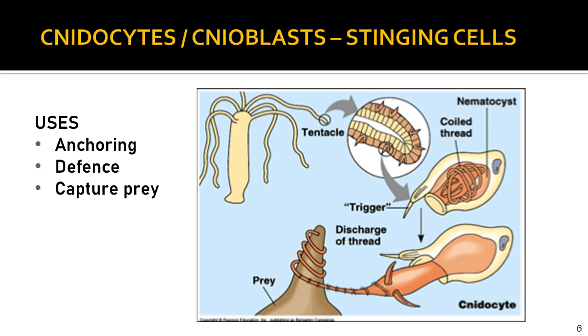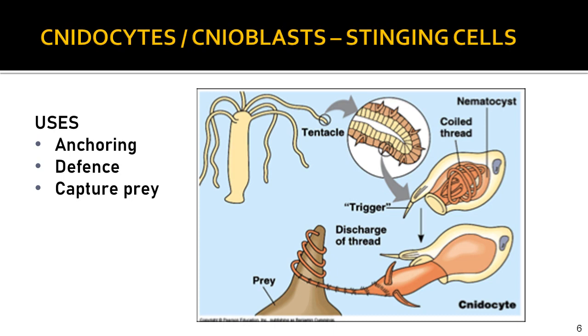And the third one is used to capture the prey. So when it sees the prey, it discharges this coiled thread which is present in the nematocyst, and it captures the prey and withdraws the prey inside the body. Understand?